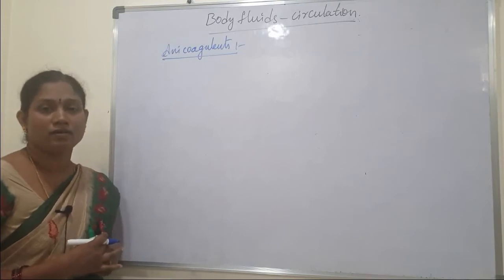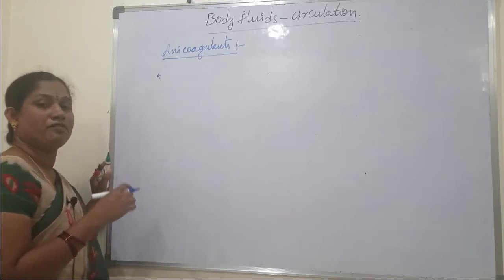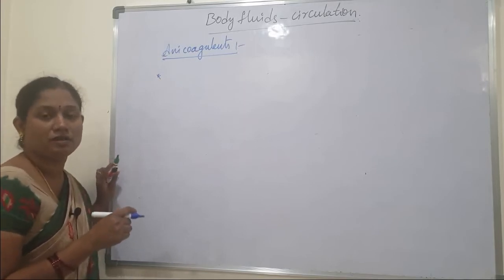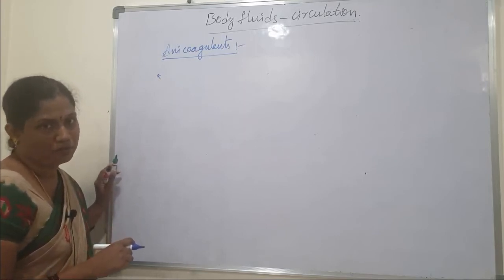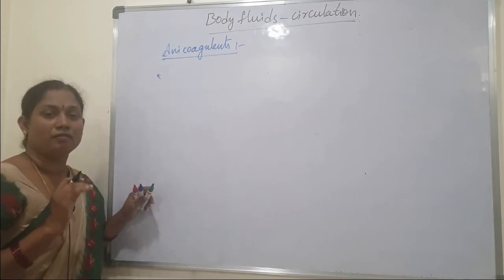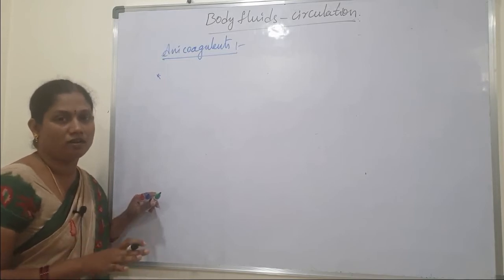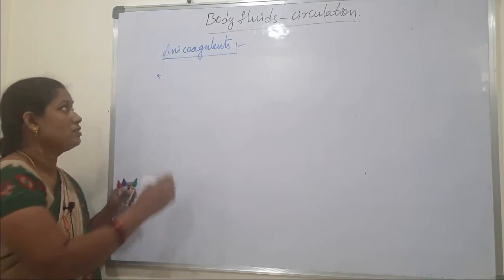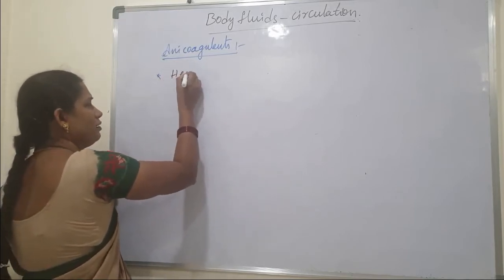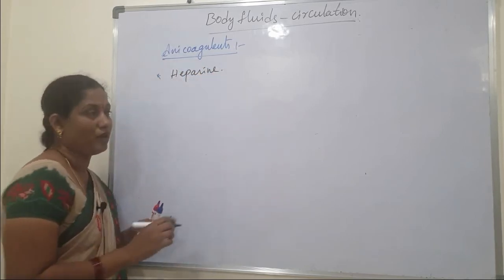Next, anticoagulants. Anticoagulants are substances which prevent the blood clotting process. Normally, whenever blood is present in the blood vessel, it does not clot, because of the presence of heparin. Heparin is a natural anticoagulant.